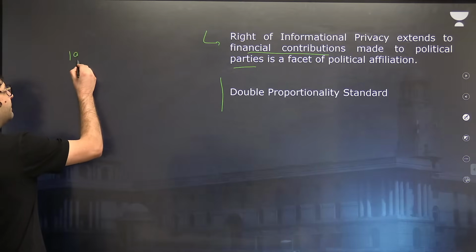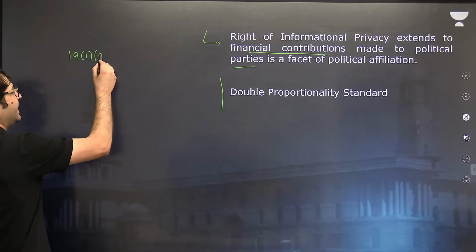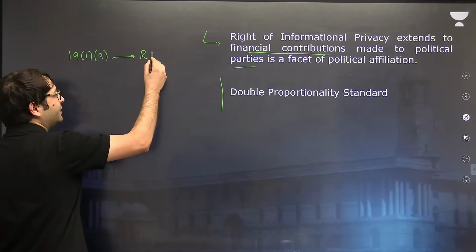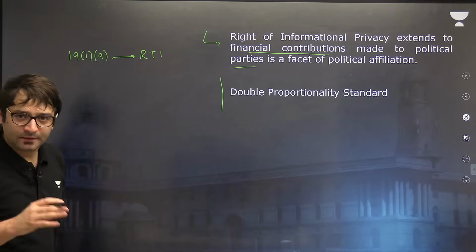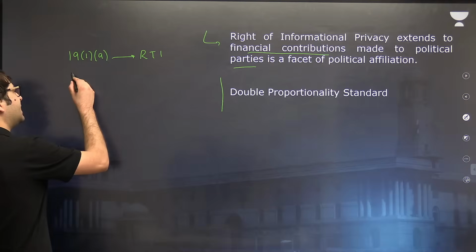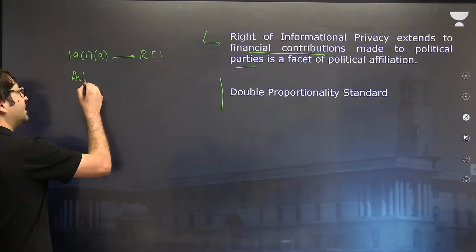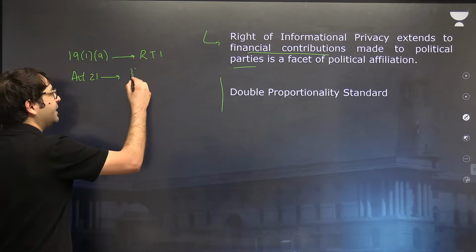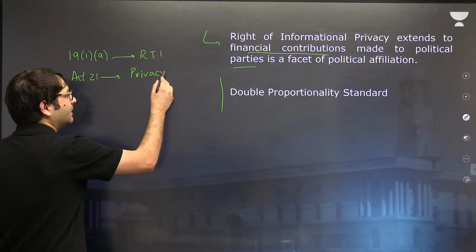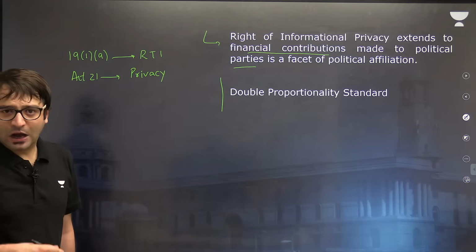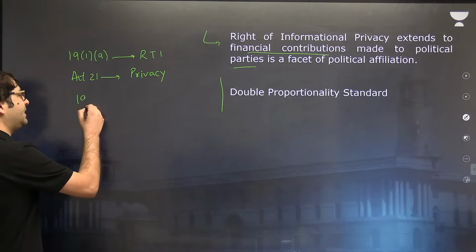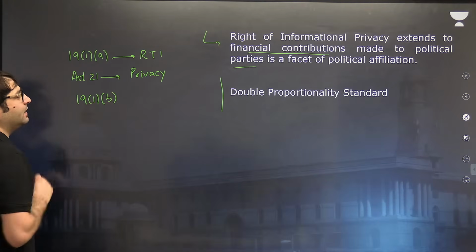On one hand, we have Article 19(1)(a), which is right to information. Clear? On the other hand, we have Article 21, which talks about right to privacy. On the other hand, we have 19(1)(b).